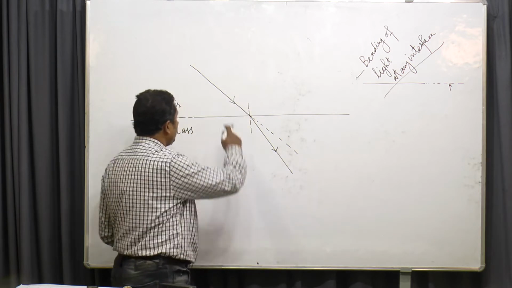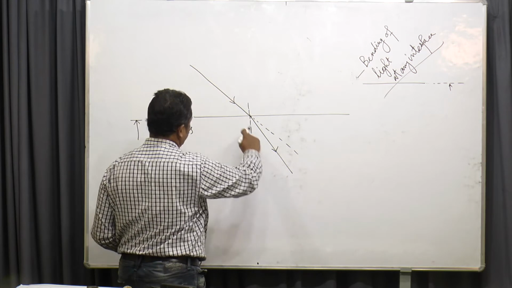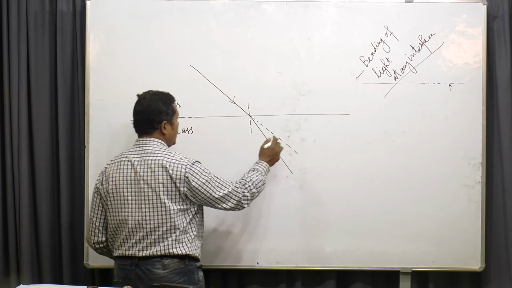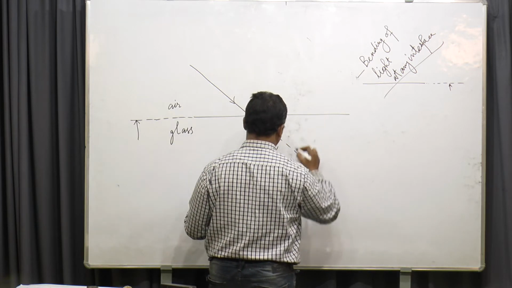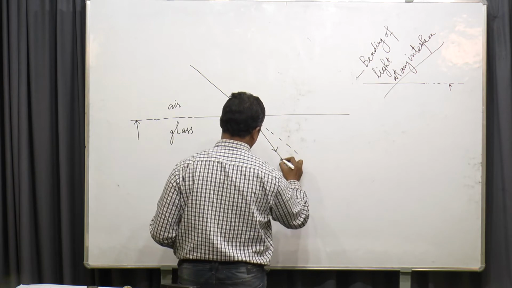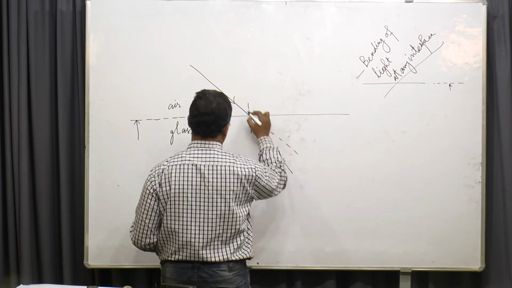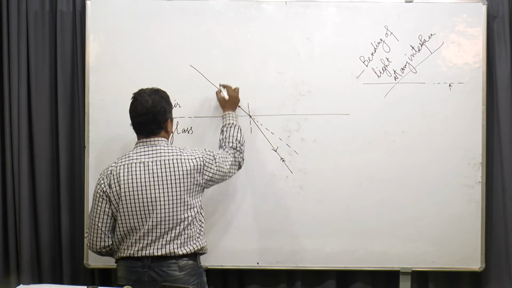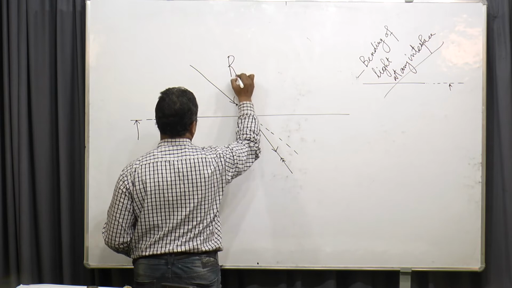So now my ray is coming from rarer to denser medium. If it goes from denser to rarer medium, the same road will be taken. If it goes from this, then it will be like this. This is called the reversibility.